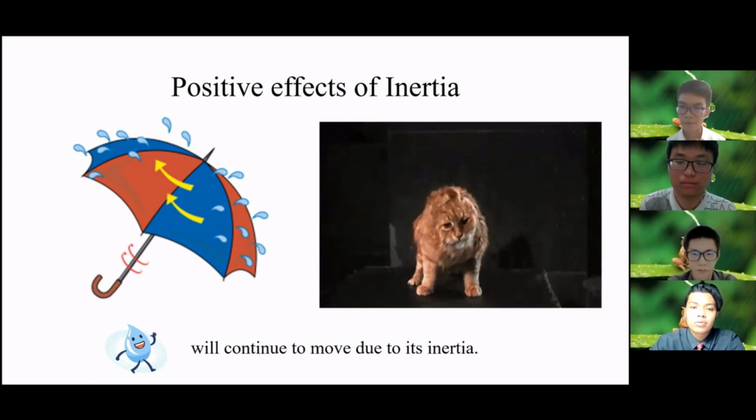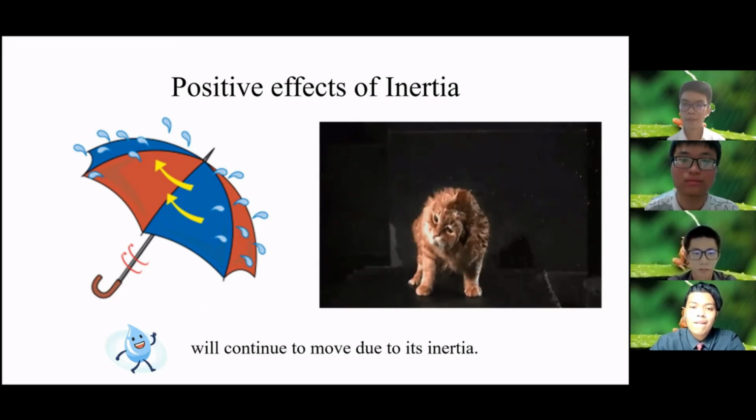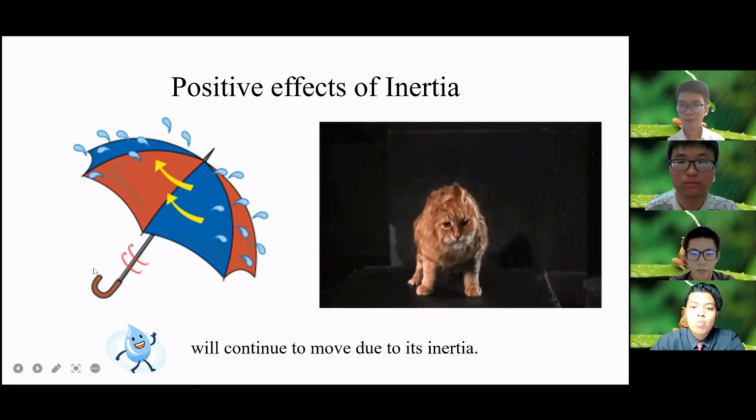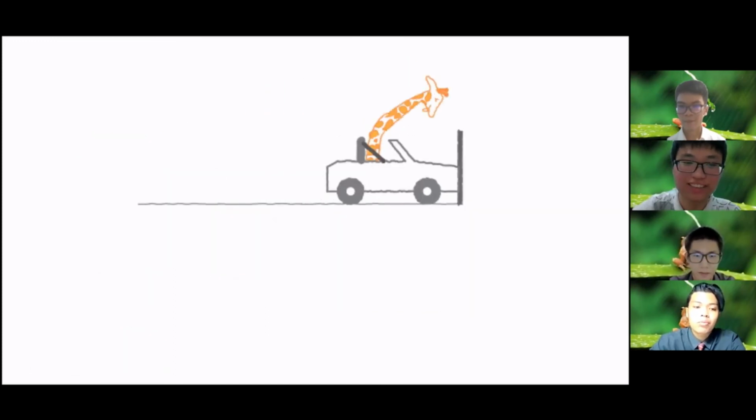As a result, the water droplets are separated from the fur and fall off. The key point here is the water droplets tend to continue to move due to inertia. Okay, students, do you understand? Yes, I understand.